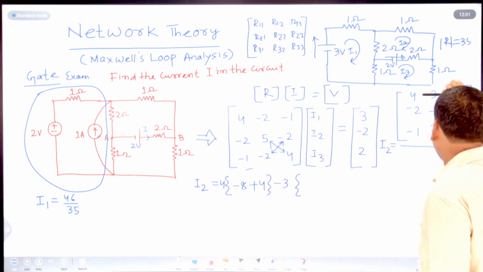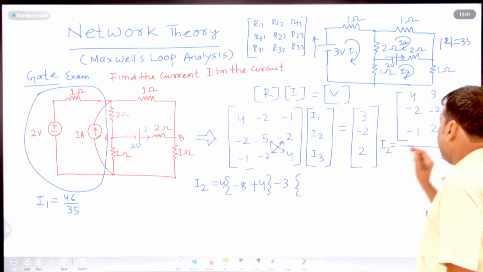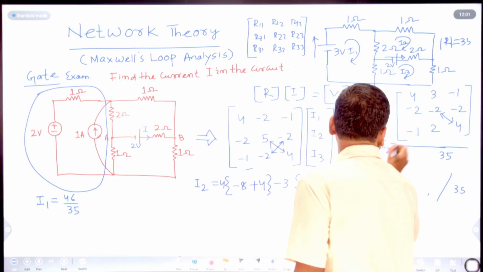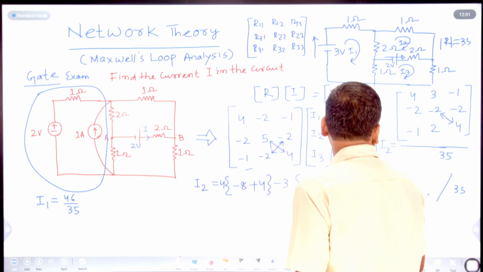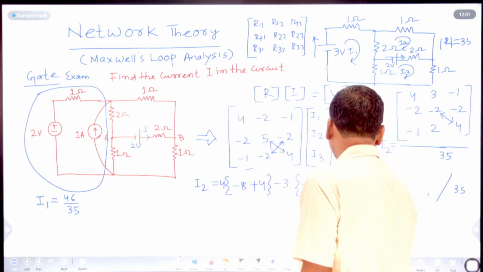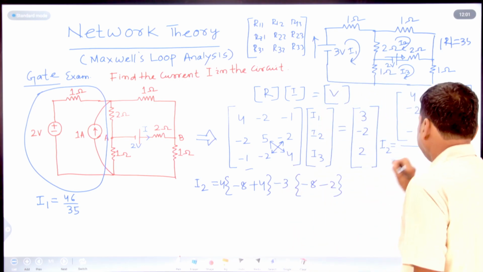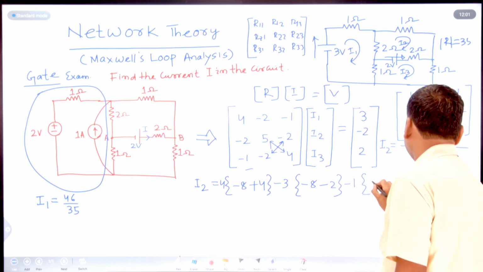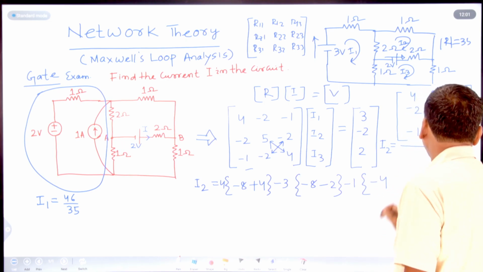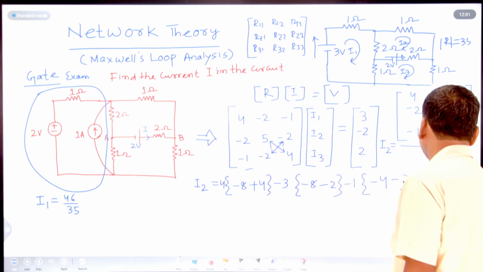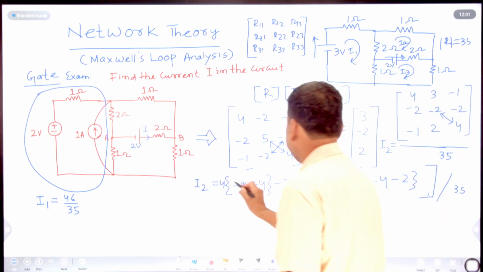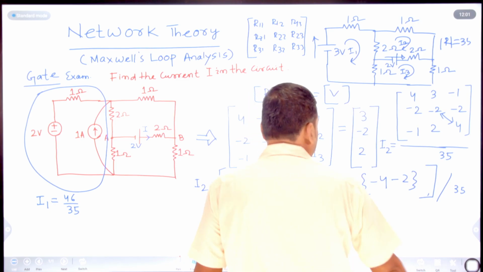If you close this one, you will get 4 into minus 2, that is your minus 8. Minus 1 into minus 3, minus becomes plus, that is your 2. Then minus 1 into 2 into minus 2, that is your minus 4. Again minus, that is your minus 2. So divided by 35.